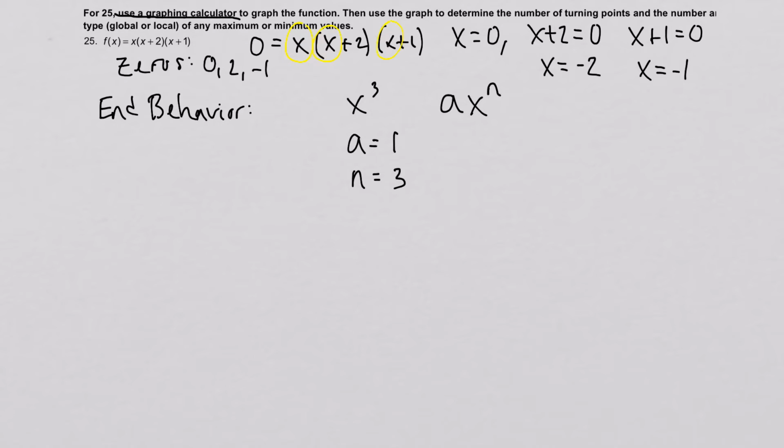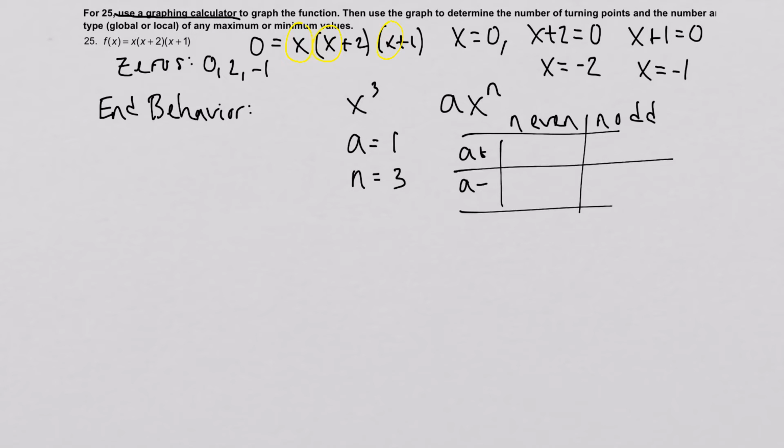Now using my end behavior table, which I'm going to do right here, a positive, a negative, n even and n odd, I can figure out the end behavior. N even and a positive means up and up, and a negative and n even means down and down.